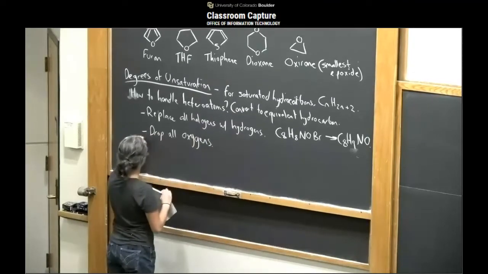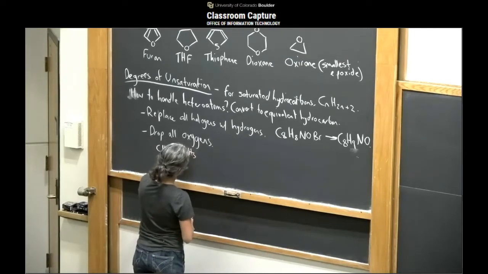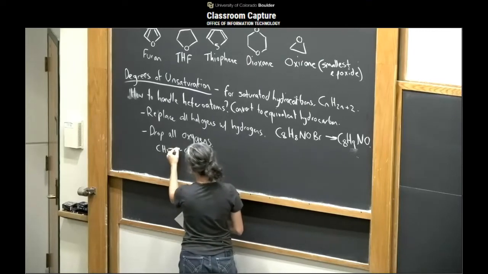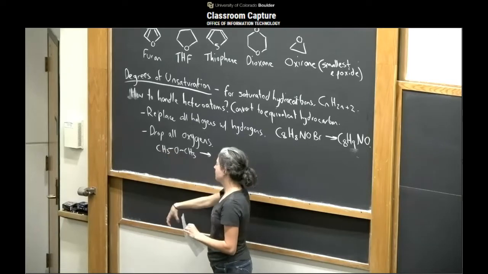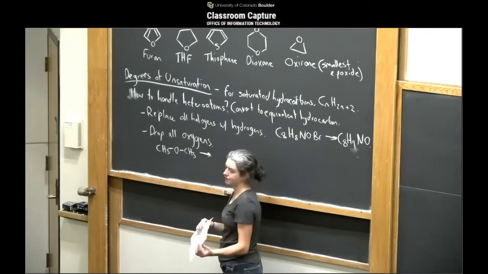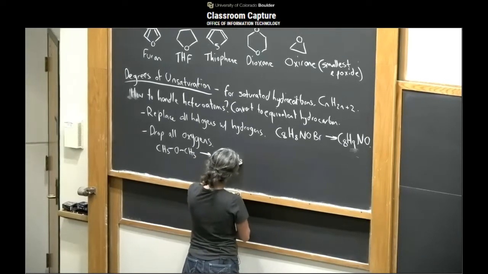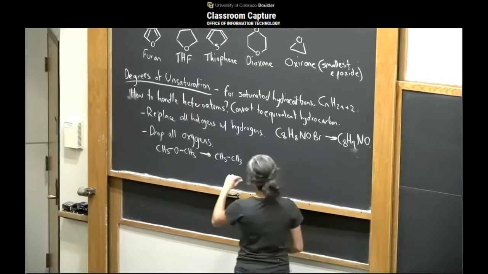For example, if we had CH3OCH3, this oxygen only has 2 bonds to it. If we had a model kit, we can imagine popping it out of the middle of the structure and sticking the 2 CH3s together, and we haven't changed any of the degrees of unsaturation. So structurally, we're fine to just remove all of the oxygens.